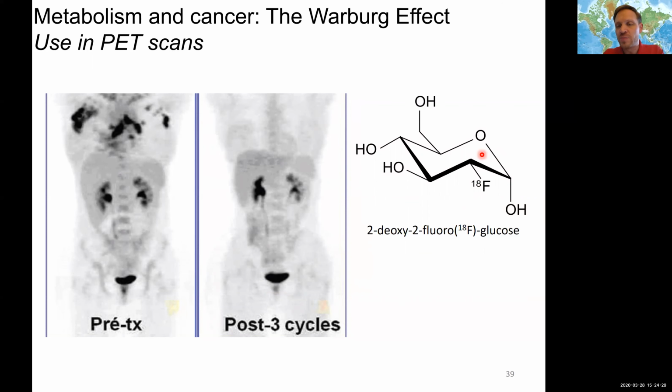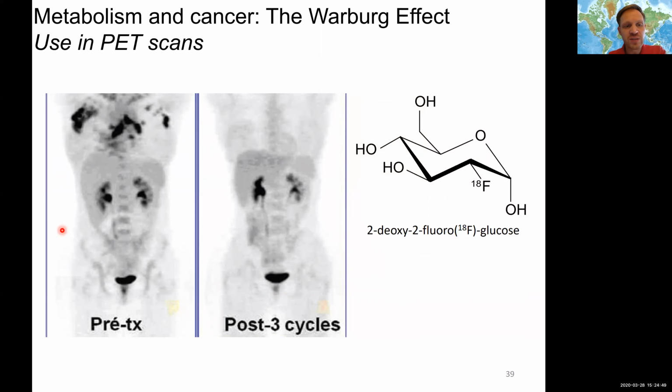So if you're undergoing a PET scan, you will drink the solution with this glucose. And so the strategy here is that because of the higher glucose dependency of the heavily metabolizing cancer cells, these cells will incorporate this radiolabeled glucose much faster and to much higher amounts than healthy cells would.